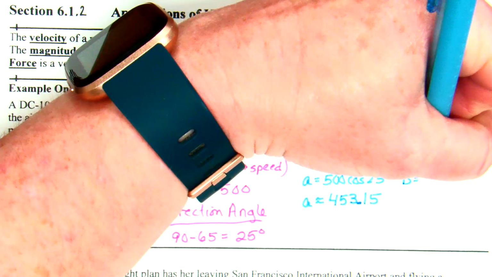In order to find B, it's the magnitude times sine of theta, so it's going to be 500 times sine of 25 degrees. Again, let the calculator work its magic. 500 times sine of 25.